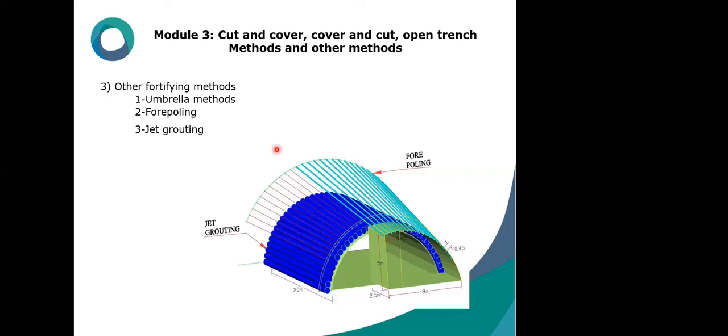Also, we're going to discuss other fortifying methods such as the umbrella method, forepoling, and jet grouting in this module. In fact, these are soil improvement techniques which help accelerate the construction rate and increase reliability and safety, generally in different conditions of the project site.